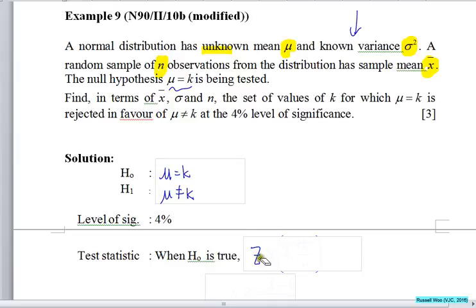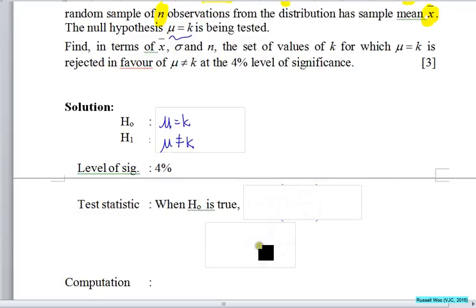But then how do you write the test statistic? Z equals x bar minus k over sigma over root n. All are knowns, correct?